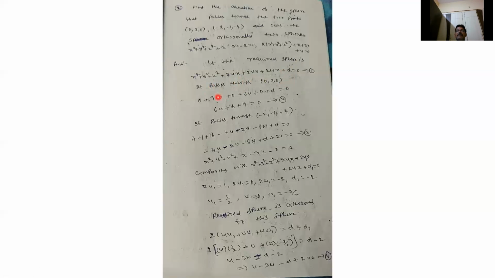The required sphere passes through (0, 3, 0), which means the point satisfies the equation.